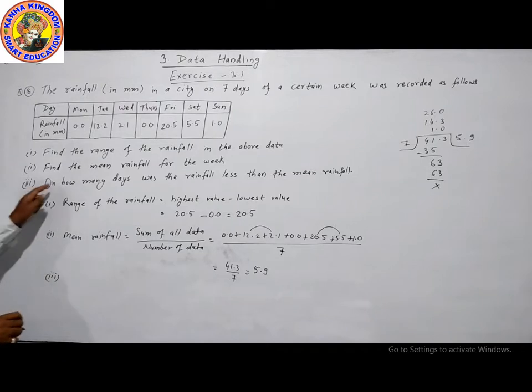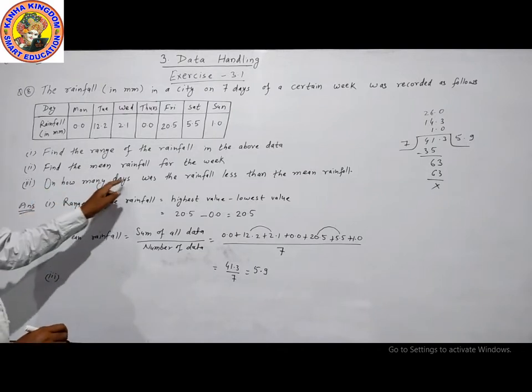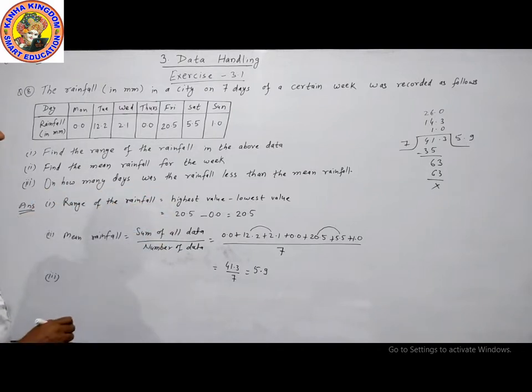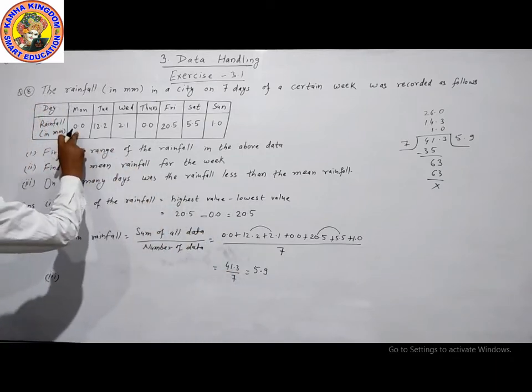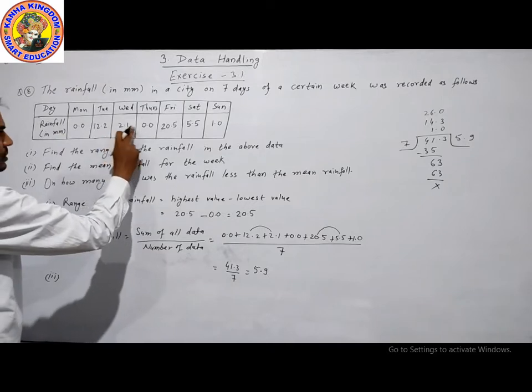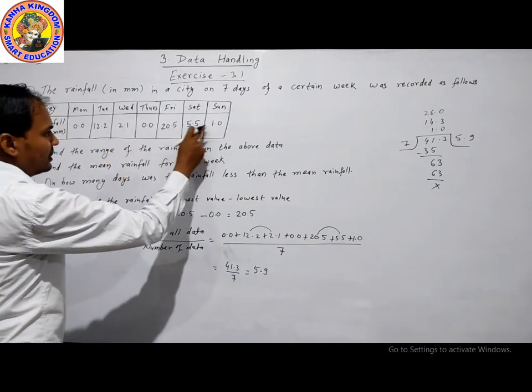Number 3, on how many days was the rainfall less than the mean rainfall? Mean is 5.9. How many days are less than 5.9? 1, 2, 3, 4 and 5.